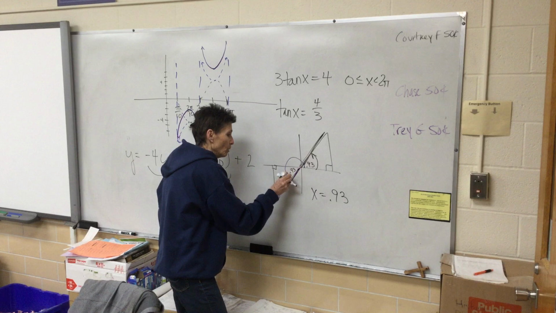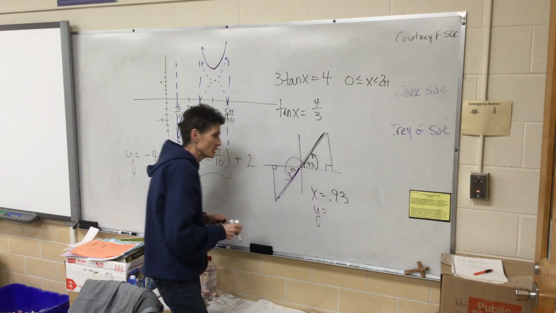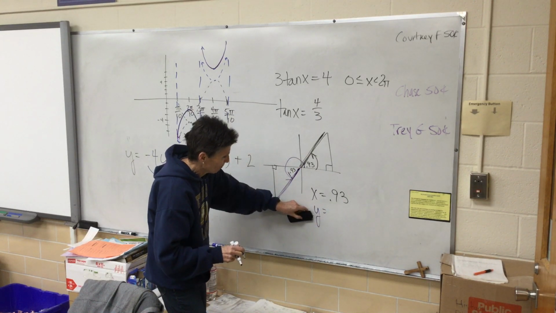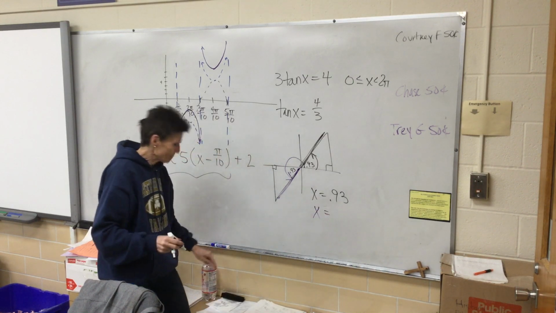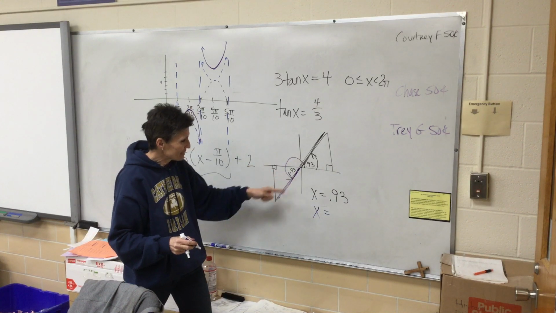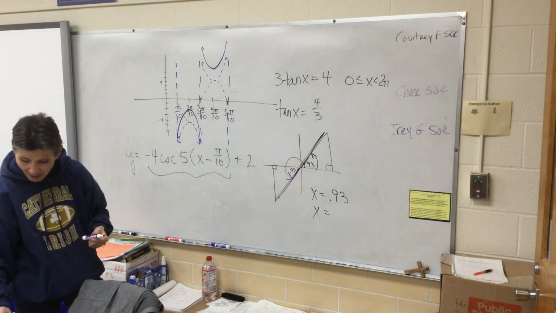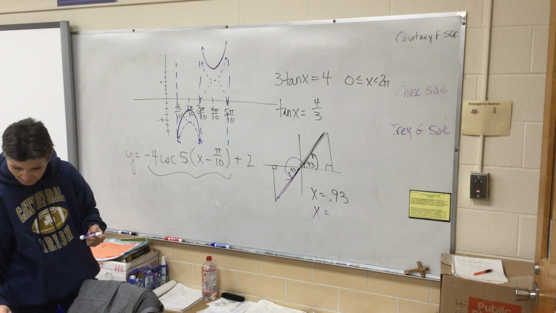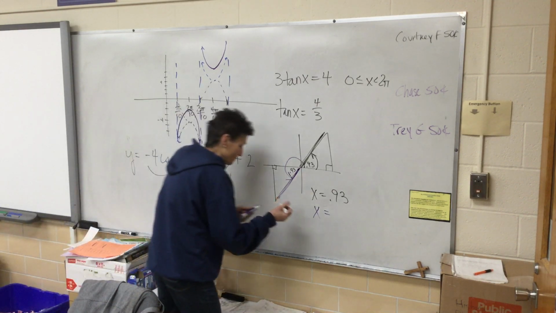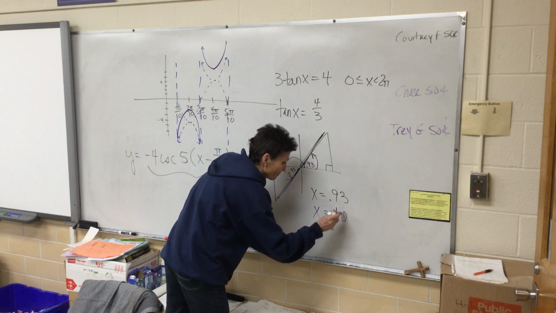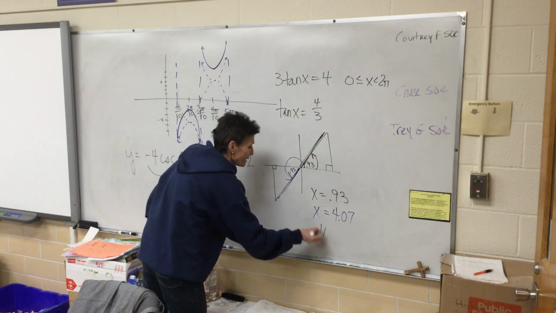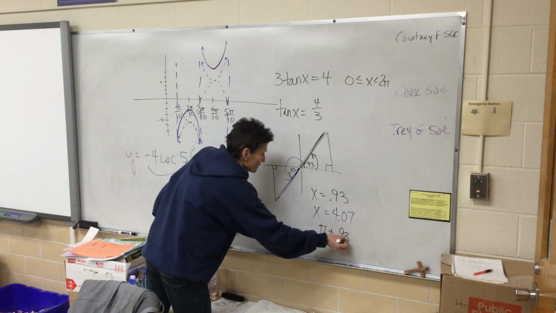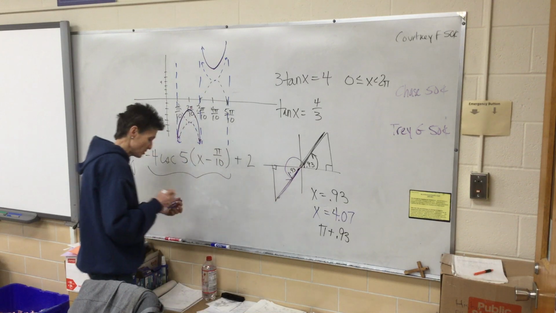And the purple one, remember you're in standard position, is all the way around to here. So it's going to be pi plus 0.93, or 4.07. So that's pi plus 0.93 because you're going half a revolution and the additional 0.93.